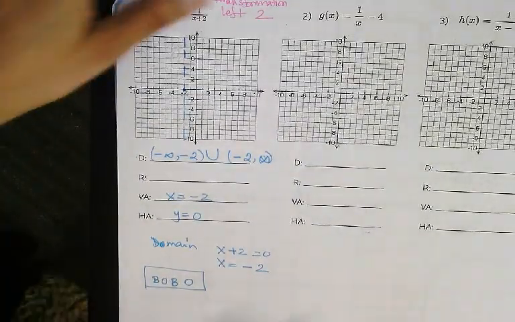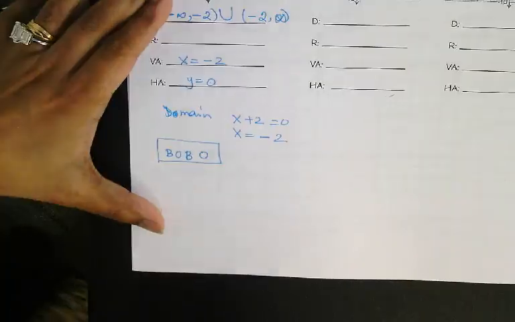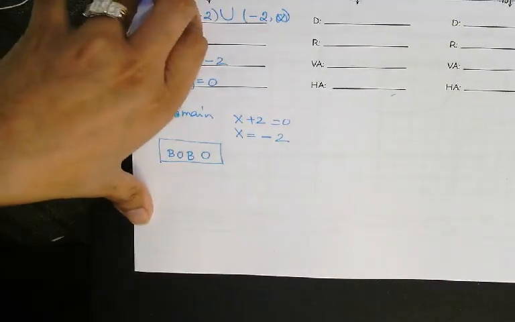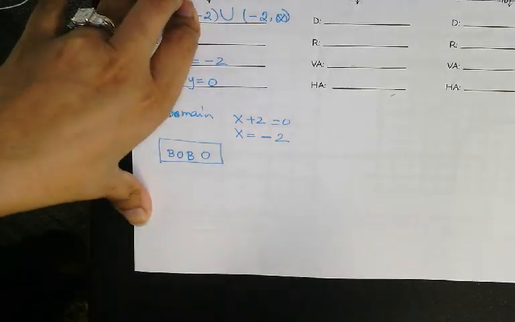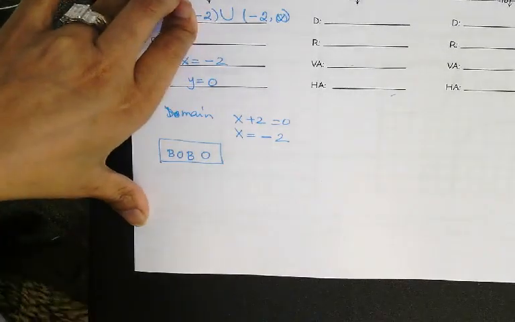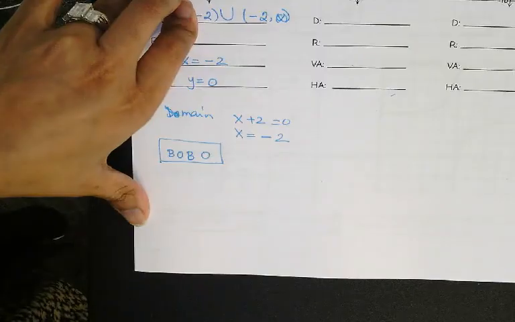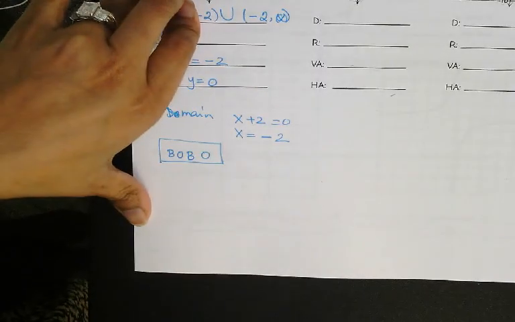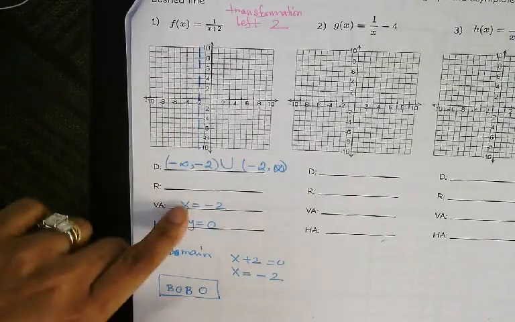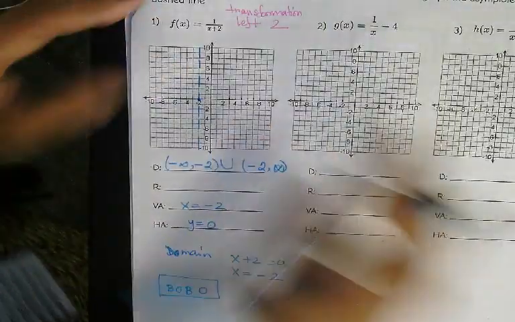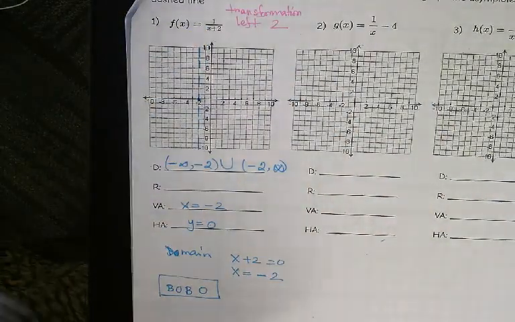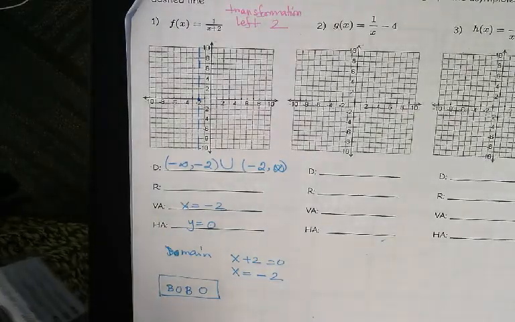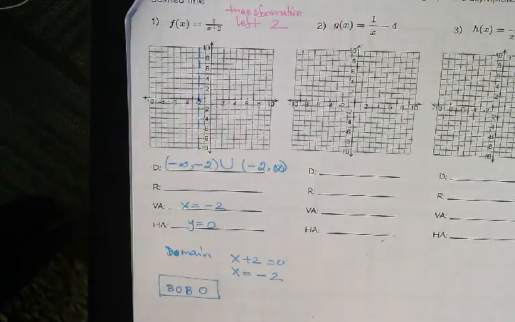Let's draw the graph. When I draw any graph, the best way for me is to make the table and do the transformation. If you want to do the graphing by just moving it, some people find it easier. Since the vertical asymptote is -2 and there is a transformation going to the left by 2, I'm just going to transfer all the points to the left side by 2 values.